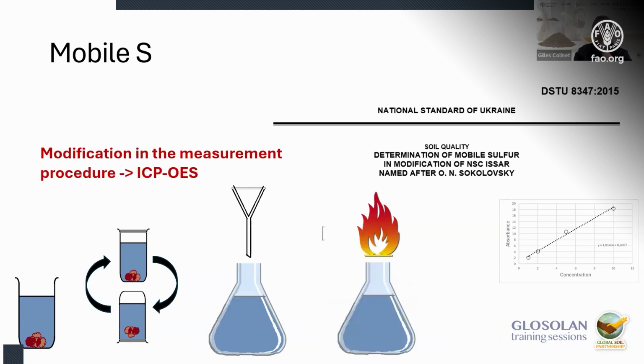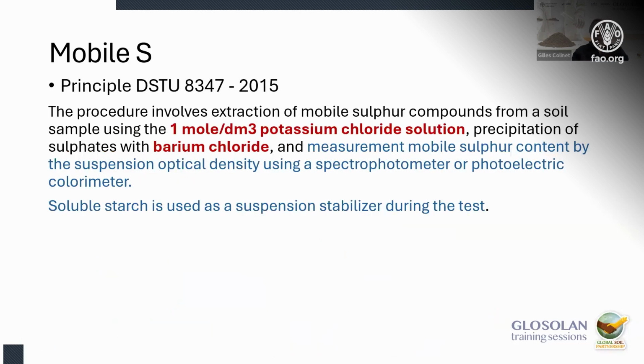In the procedure, usually you should make an extraction with a potassium chloride solution, as we do for nitrogen. Then you precipitate the sulfate with barium chloride. Barium sulfate has a very low dissolution potential, so it precipitates rapidly.